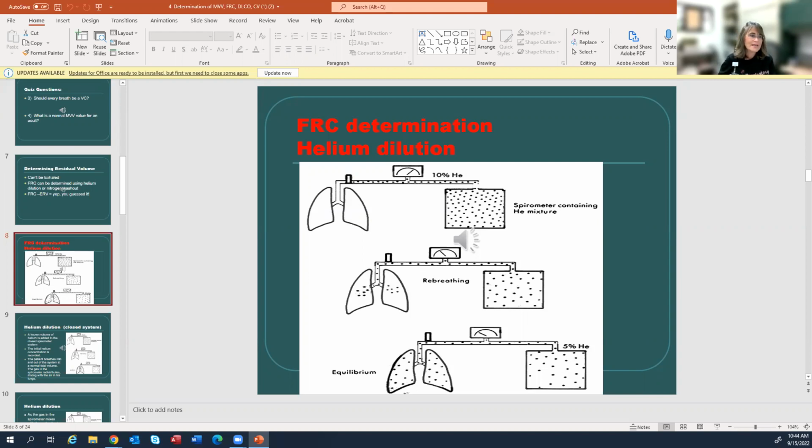The percentage in the container helps with the calculation. We don't have to know how to do the calculation. The only thing we have to know about the helium dilution test is the patient breathes at normal tidal volumes until the concentration equilibrates, and then the computer figures out what the FRC is.